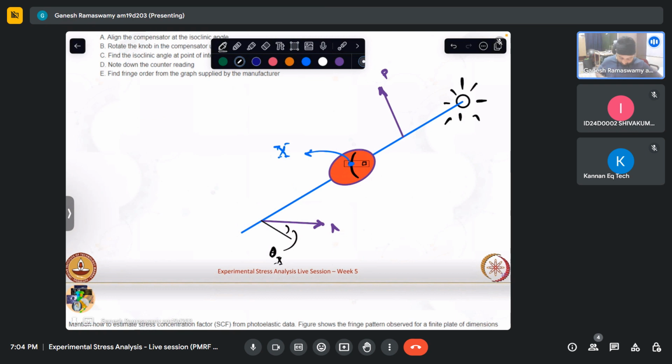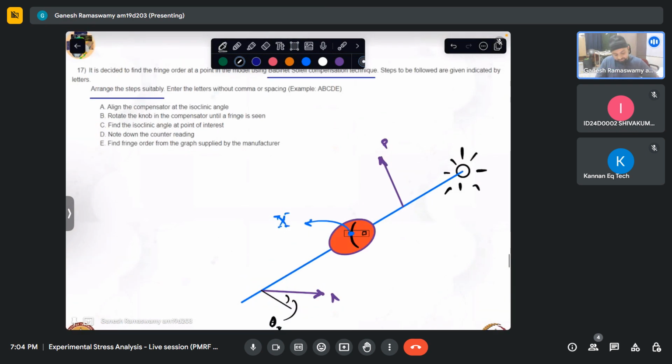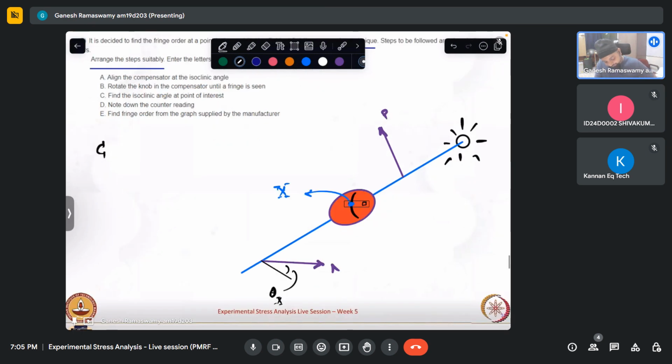So let us read the options. Align the compensator at the isoclinic angle. Rotate the knob of the compensator until a fringe is seen. Find the isoclinic angle at the point of interest. Note down the counter reading, find out the fringe order. Essentially, we have to first find the isoclinic angle for us to align the compensator with it. So the first step is to find the isoclinic angle, which we have done using a plane polariscope.